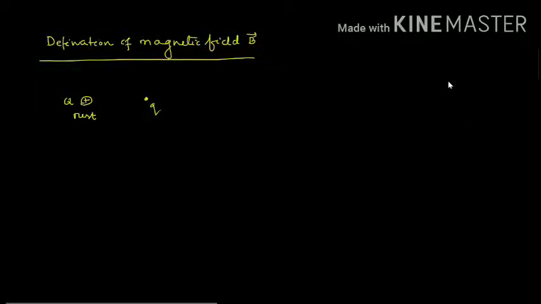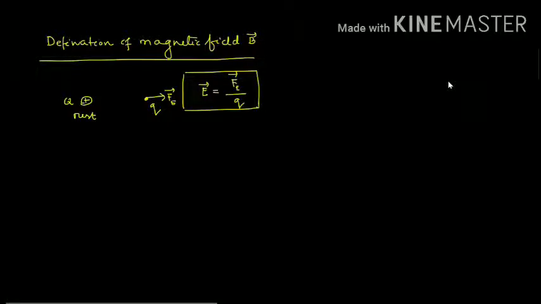It experiences some force F, and the force per unit positive test charge is defined as the electric field. Electric field E vector is equal to the electric force Fe per unit positive test charge. So this is the electric field.